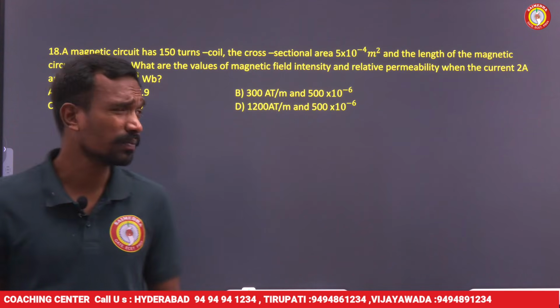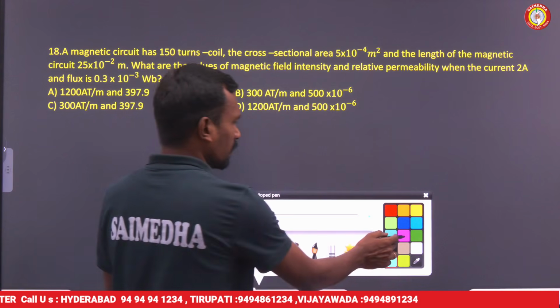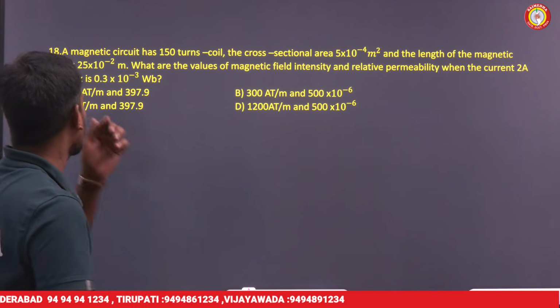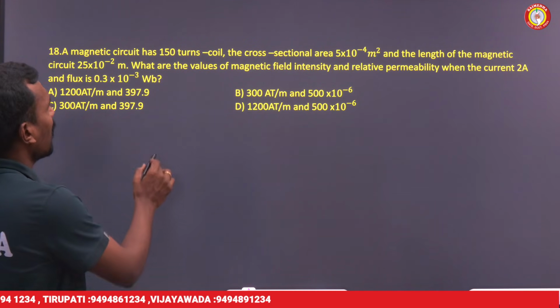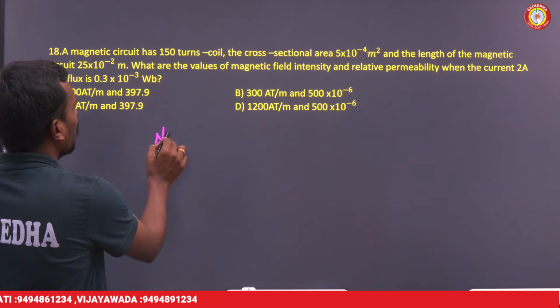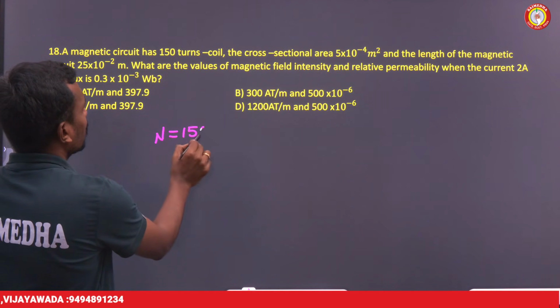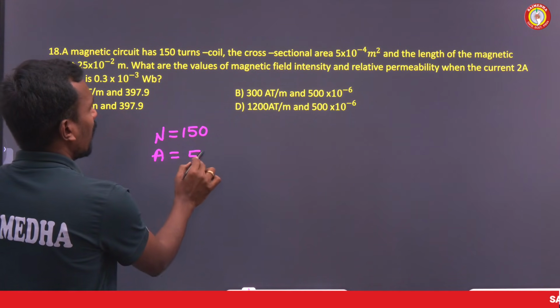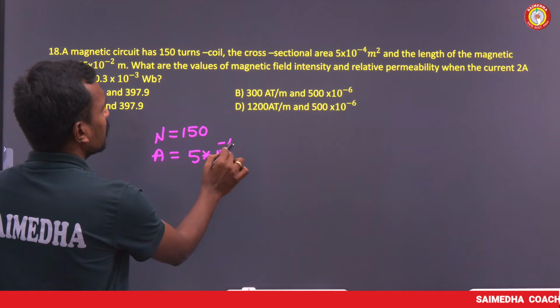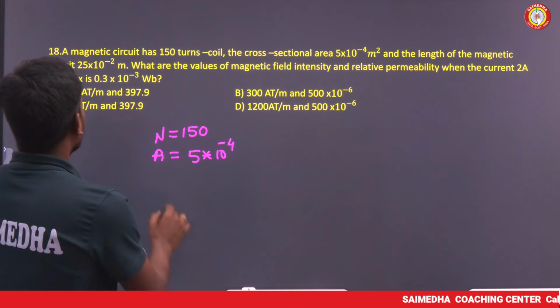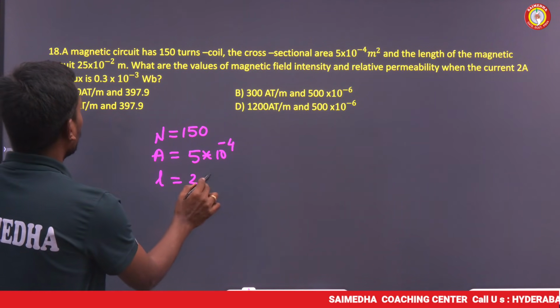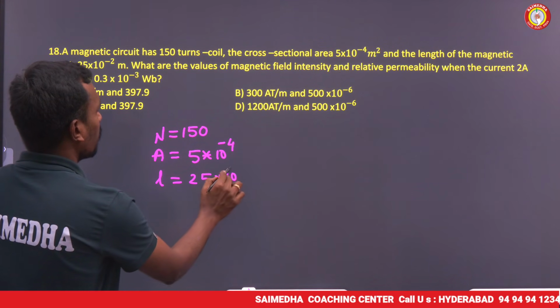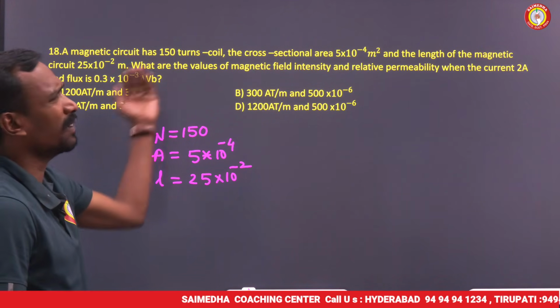17th. Next question. Let's see this question. Do you have an answer? A magnetic circuit has a 150 turns coil. Cross-sectional area given is 5 into 10 to the power of minus 4 meters square. The length of the circuit given is 25 into 10 to the power of minus 2 meters. Everything is given in meters.